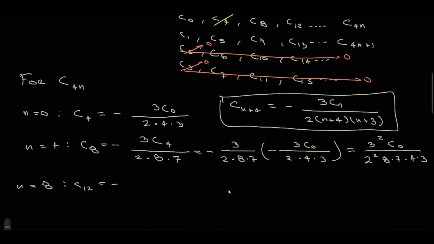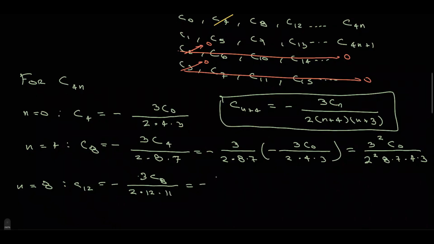So that'll be negative 3 c sub 8 divided by 2 times 8 plus 4, that equals 12, times 8 plus 3 equals 11. However, you might want to write c sub 8 in terms of c sub 0 using the previous coefficient.